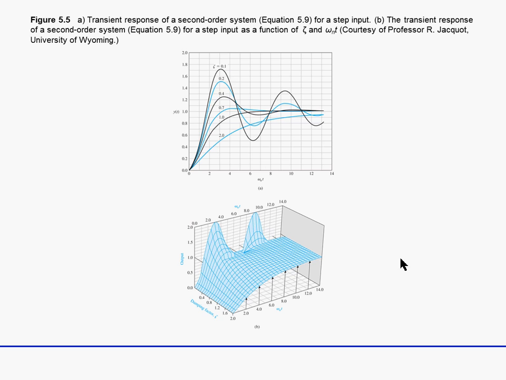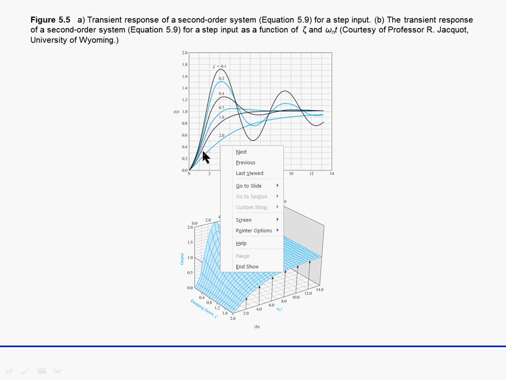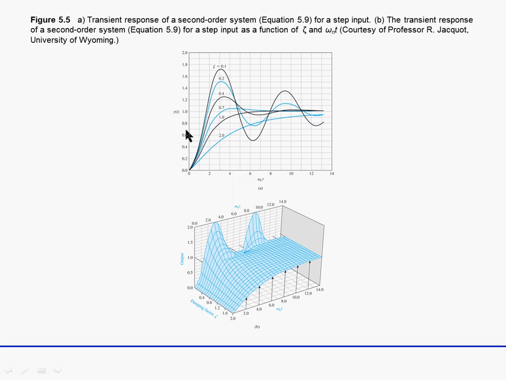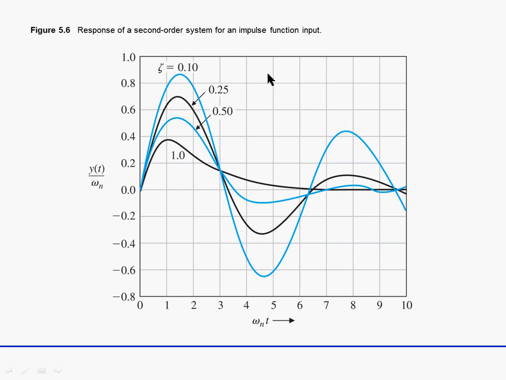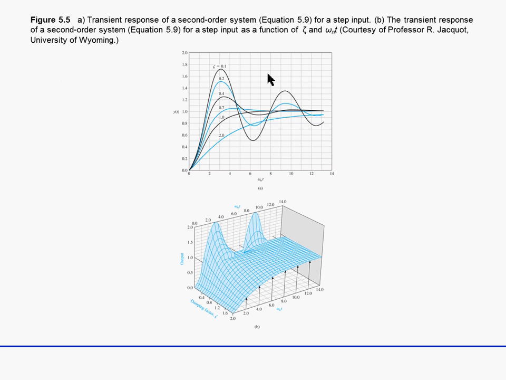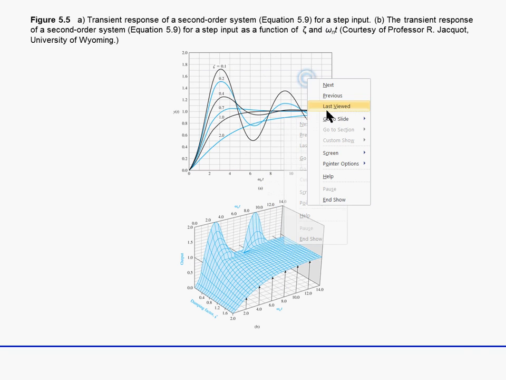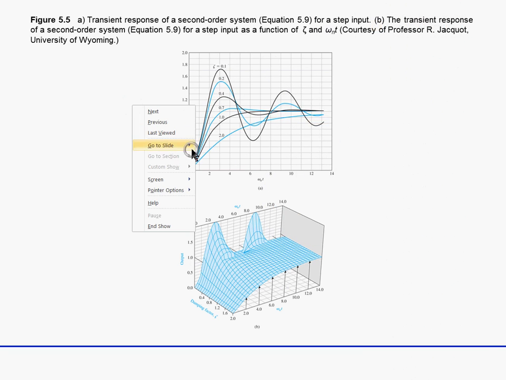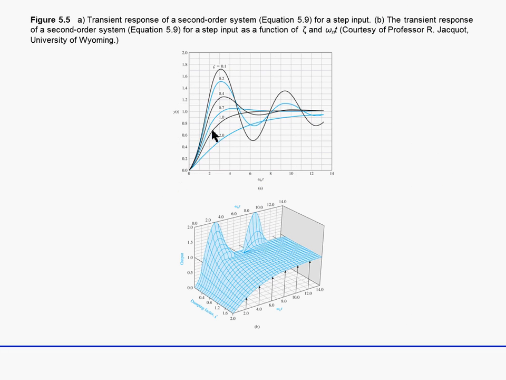You can see that if you have a damping ratio of 0.1, for example, this is the oscillation when you have a damping ratio of 0.1. If you have a damping ratio of 0.2, you follow the blue line.